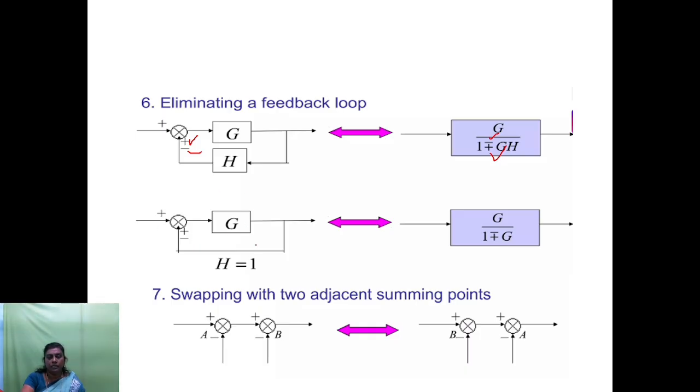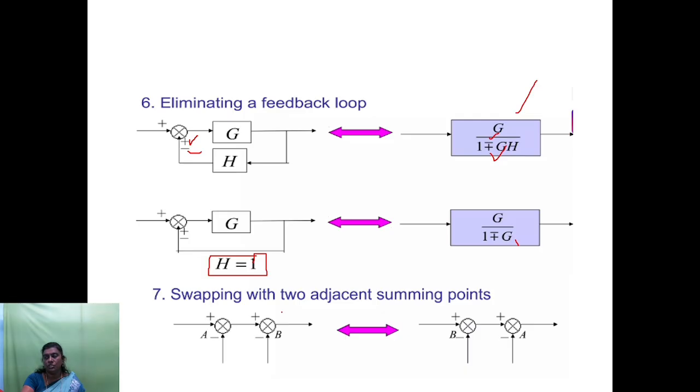And in the second case, here we have a unity feedback system. What does unity feedback system mean? The feedback path has a gain of value 1. So in this case, as with the previous formula, in the place of H we have to put the value of 1. So it gives the formula as G divided by 1 plus or minus G. And the final rule is wrapping with two adjacent summing points.